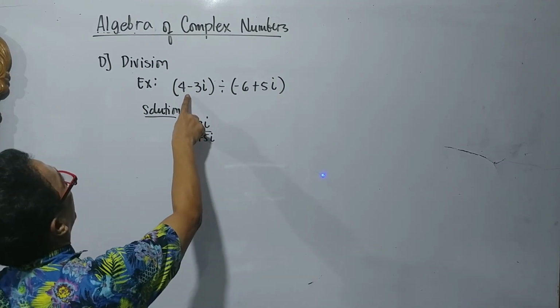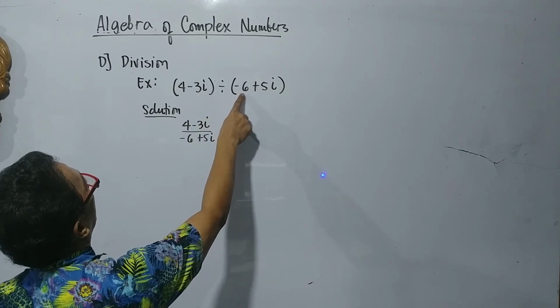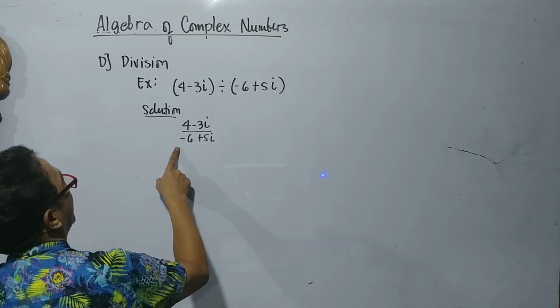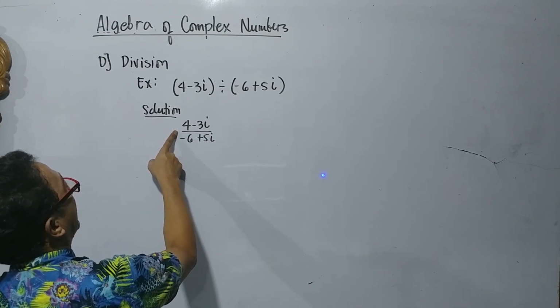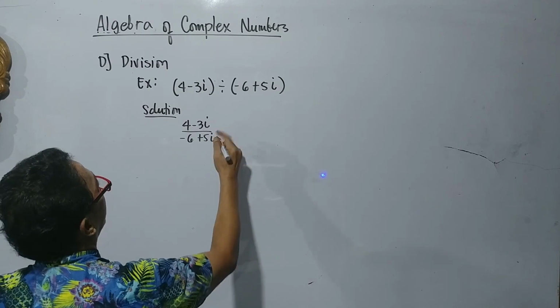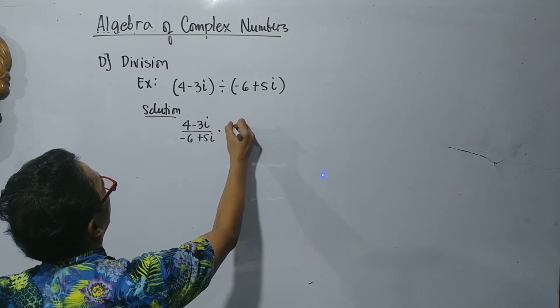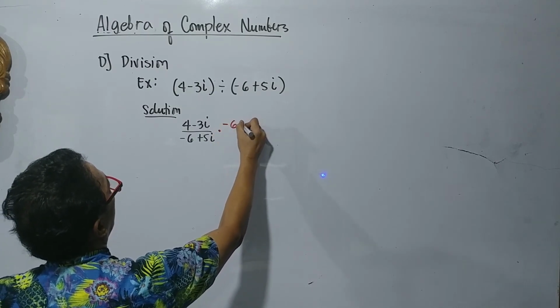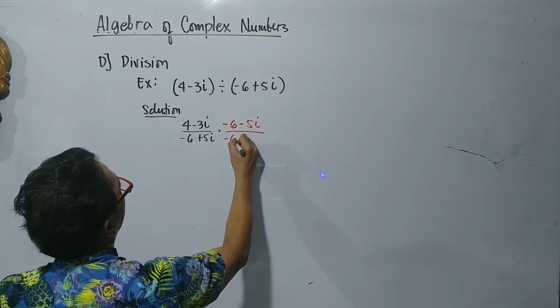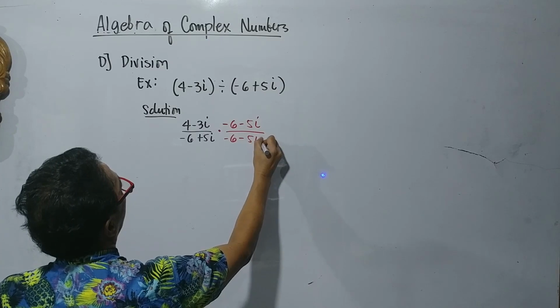So, in division, you have 4 minus 3i divided by negative 6 plus 5i. So, you have the division sign here. To solve it, just conjugate. So, you have negative 6 minus 5i over negative 6 minus 5i.